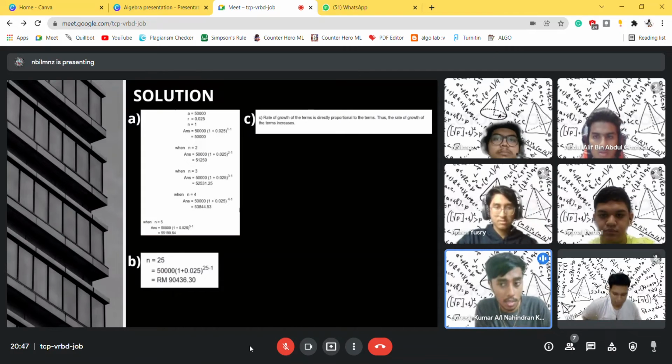We put in the formula, and the answer is ringgit Malaysia 94,436.30. As for the explanation question C, we have come up with a statement: the rate of growth of the terms is directly proportional to the terms. Thus, the rate of growth of the terms increases.